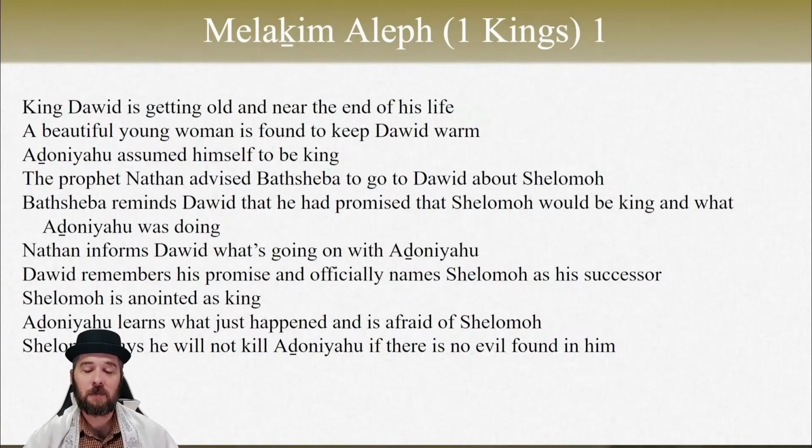One thing I'd like to note, if you're reading in your scriptures, okay, I didn't read the whole chapter for the sake of time, but you can do that on your own, is that when Bathsheba comes in to King David, then when Nathan comes in to King David, and then when Adoniyahu comes in to Shlomo, each of these three instances, these three people do something that would be very, very odd in our time.